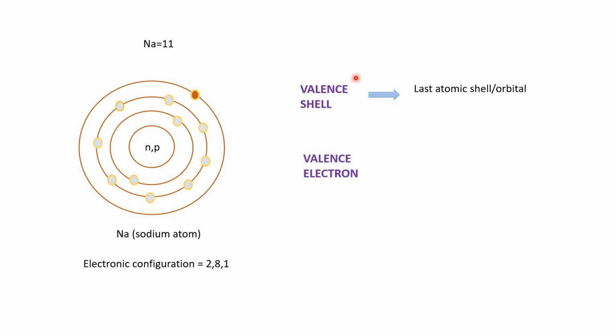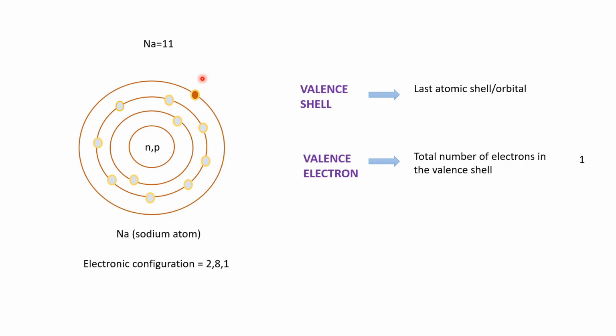The valence electron is the total number of electrons in the valence shell, that is, the total number of electrons already accommodated in the last shell. Here that is 1. So the valence electron is 1.